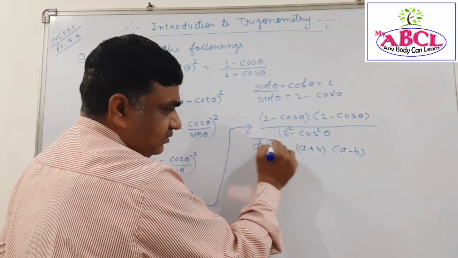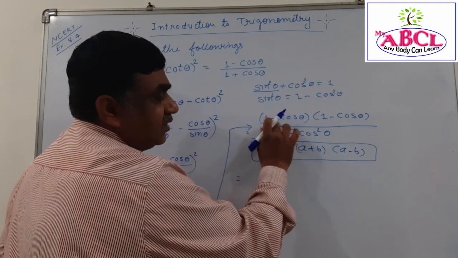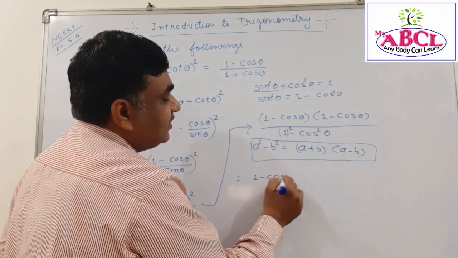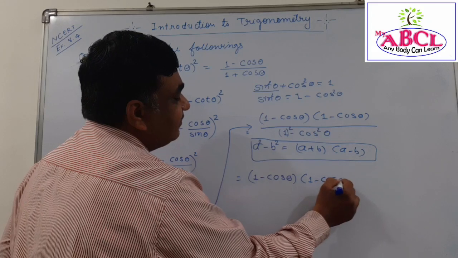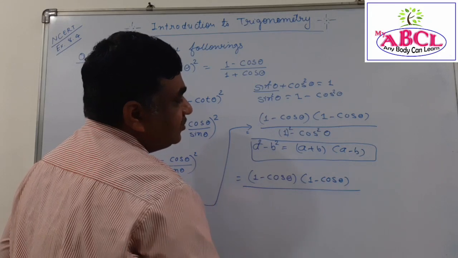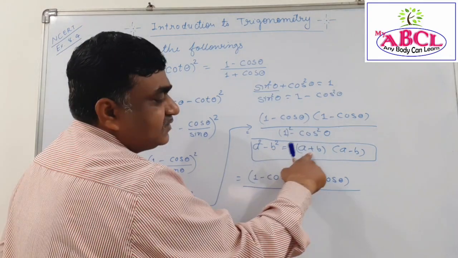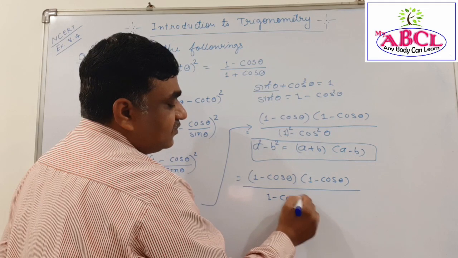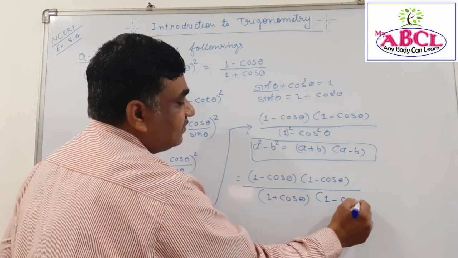So now the numerator is as it is, (1 minus cos theta) and (1 minus cos theta), and in the denominator (1 minus cos theta) and (1 plus cos theta).